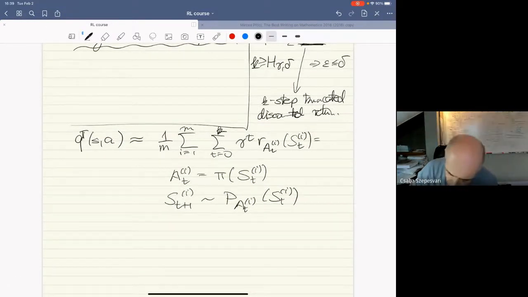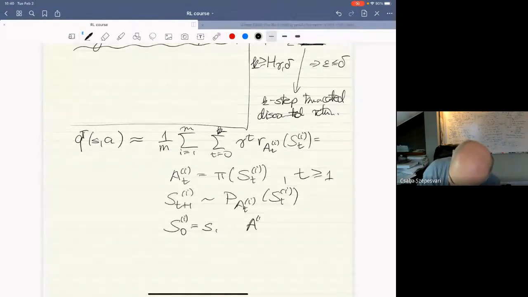The initial condition is that S naught is S, and A naught should be A.